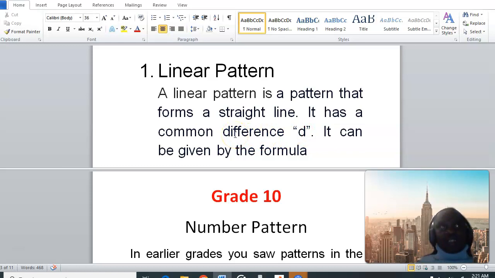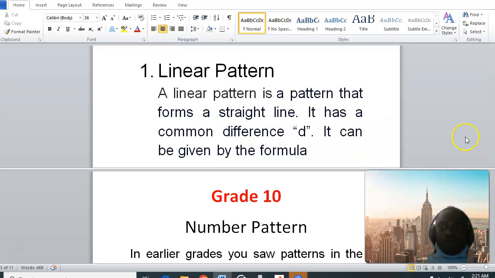When you subtract the first term from the second term, it should be the same as when you subtract the second term from the third term.